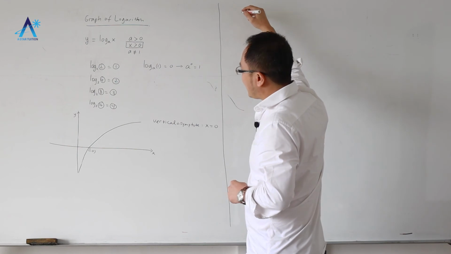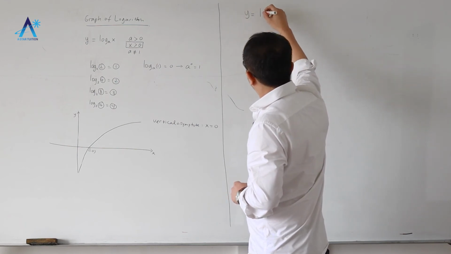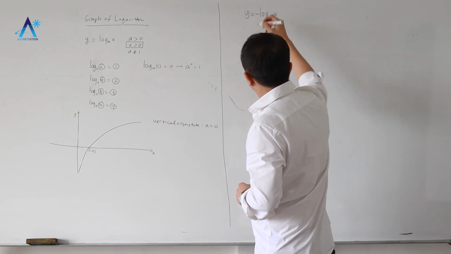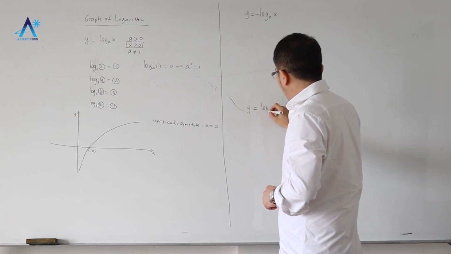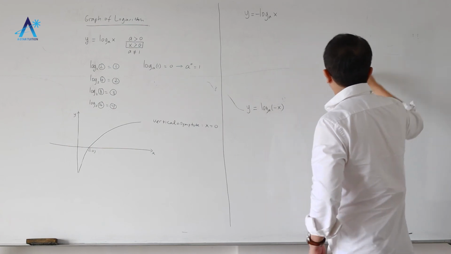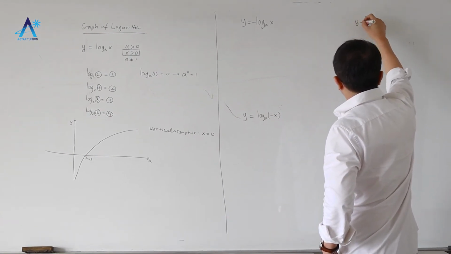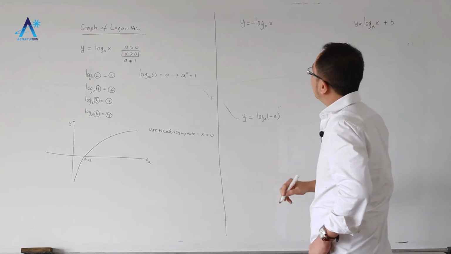However, here we will just discuss the graph of y equal to log a x with the negative preceding it, y is equal to log base a of negative x, and the last one is log a x plus a positive number.